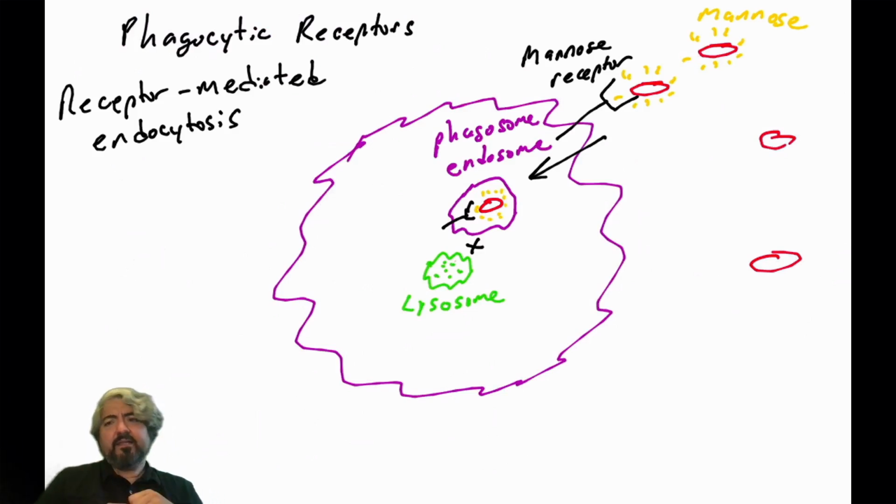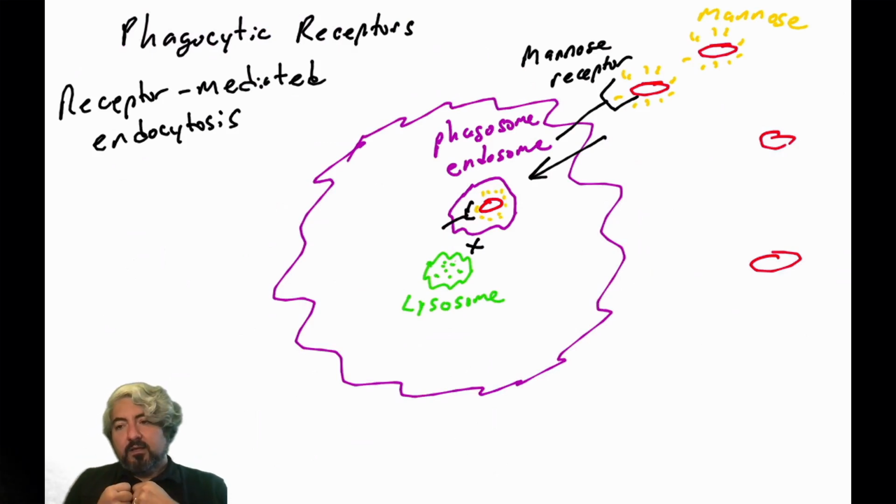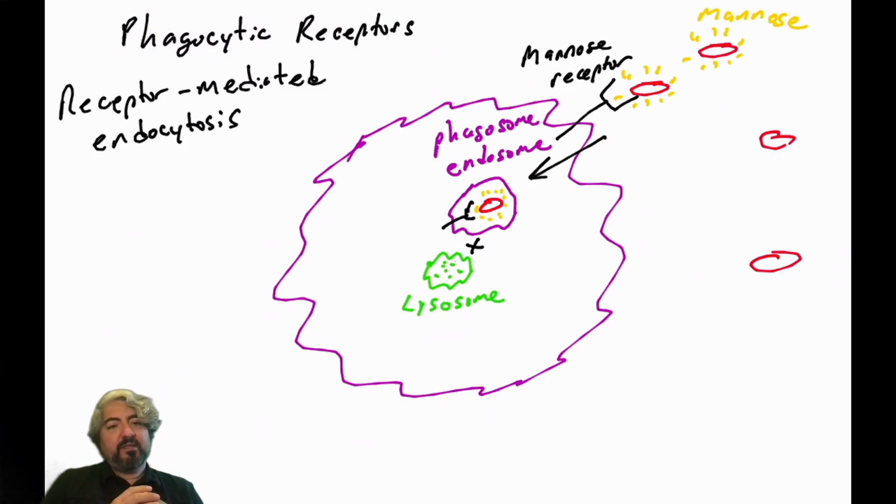And those toxins, those reactive molecules, those enzymes will act upon the cargo, in this case, the pathogen, and help destroy it. So that is how phagocytes work to envelop pathogens and destroy them within the phagocyte.